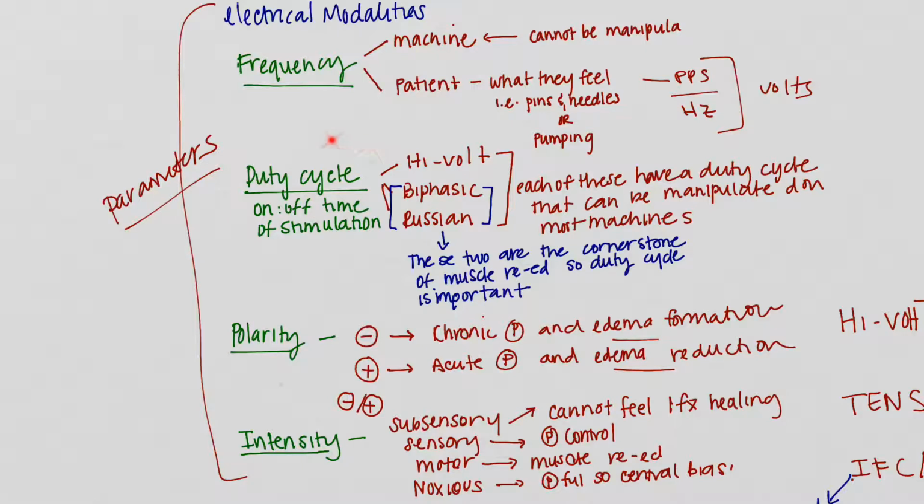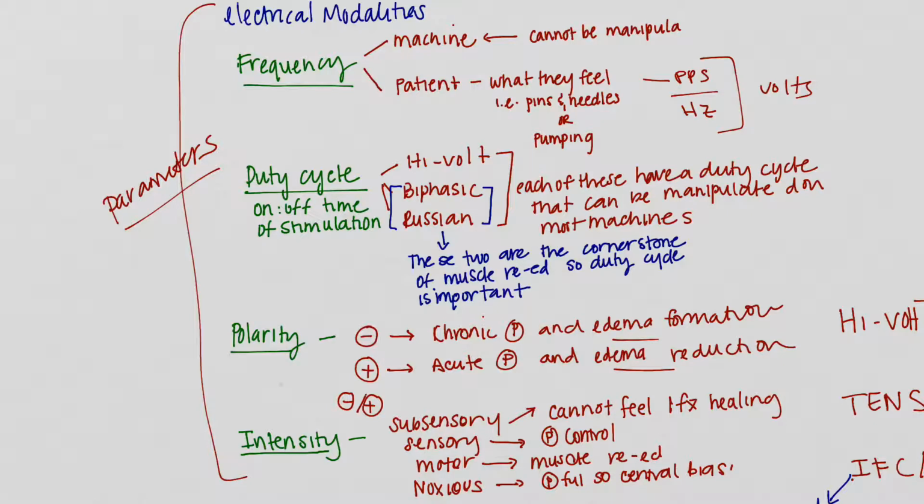Our next parameter is the duty cycle. The duty cycle represents the amount of on and off time of the electrical stimulation. Most often that's associated with high volt, biphasic, and Russian. It's because these three modalities are typically going to be used in muscle re-education.